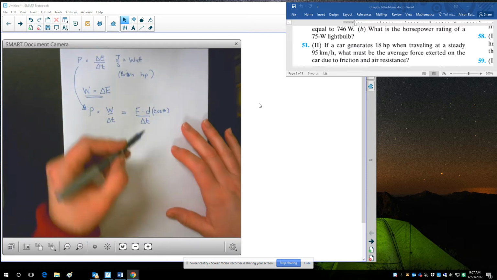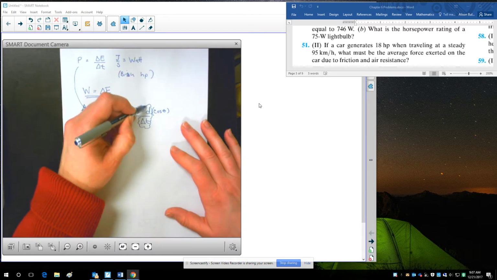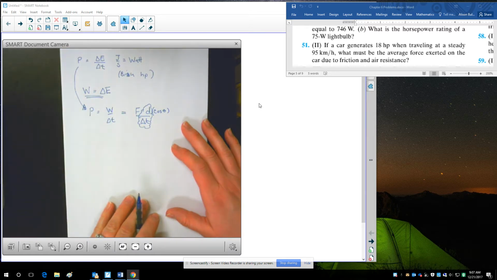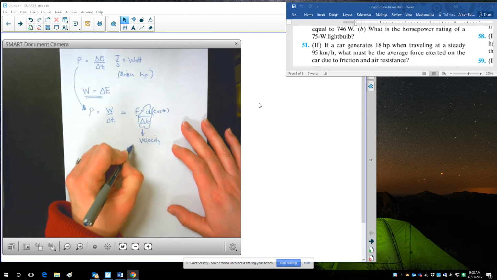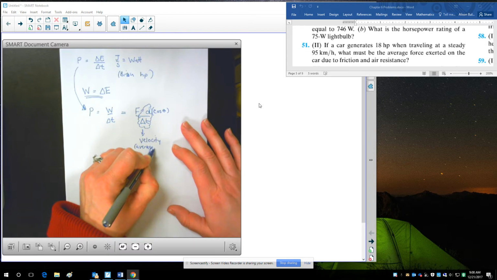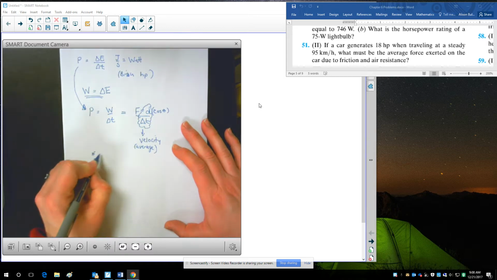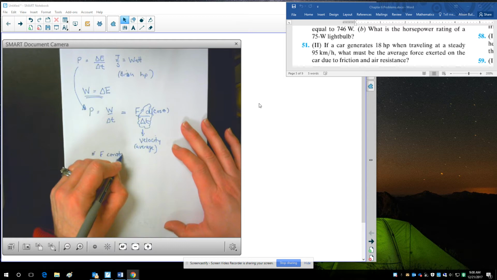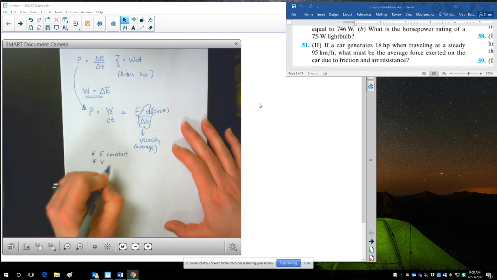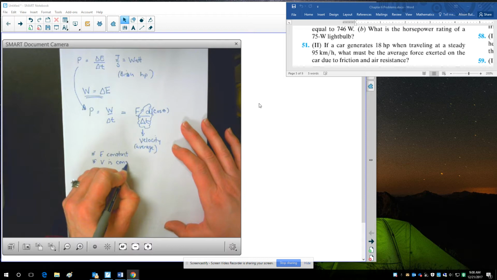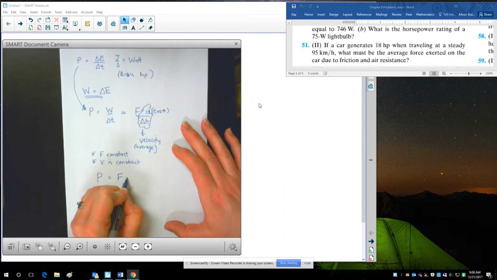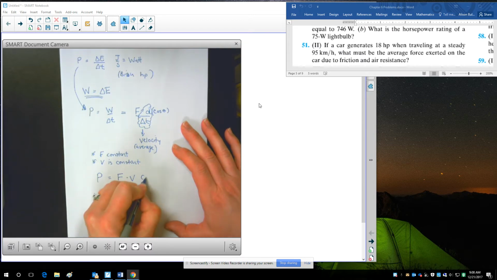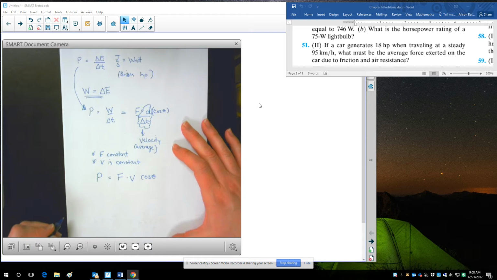Distance per time is velocity, or at least average velocity. So if force is constant and if velocity is constant, we can rewrite power as force times velocity times cosine of the angle between them if they're not parallel to each other.